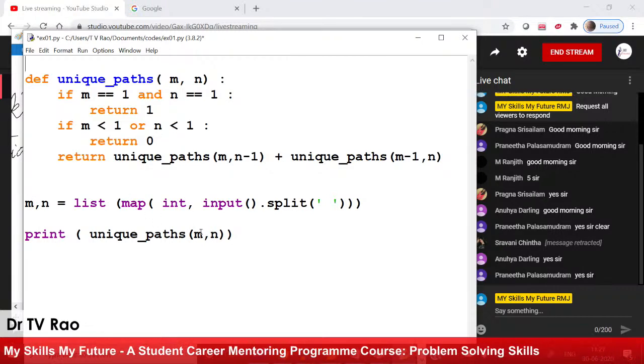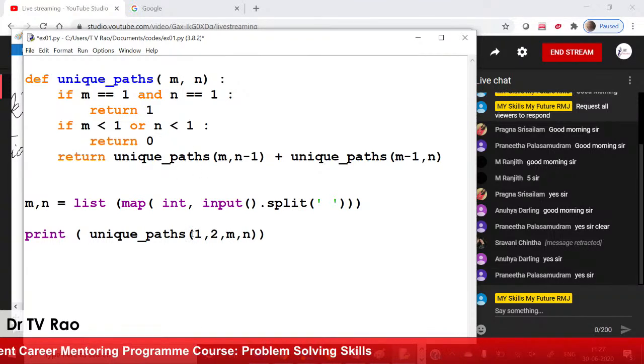How to do it from top to bottom? Okay. You may be starting from 1 comma 1.